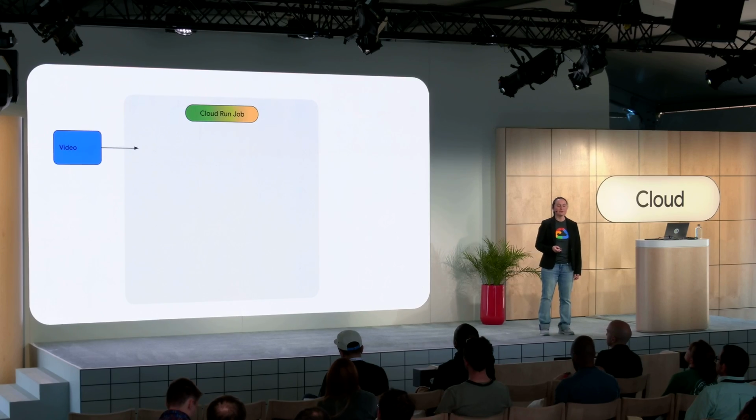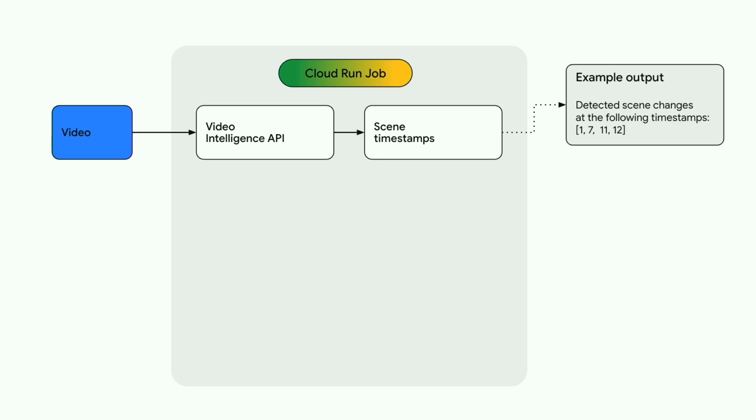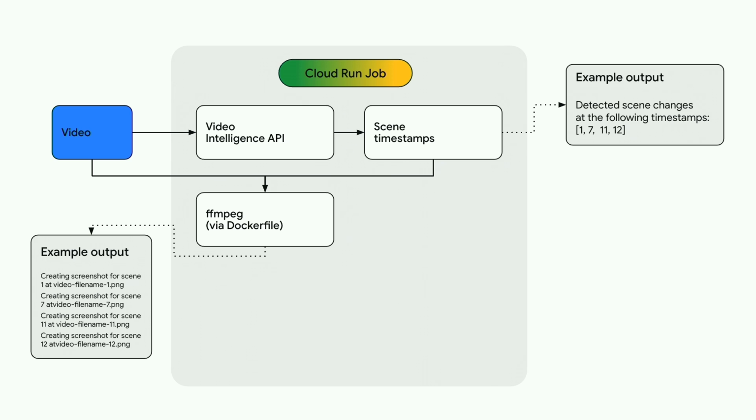So first, the video is sent to the Video Intelligence API to detect each scene change and generate a timestamp for the scene change, as shown here in this array of timestamps. Then FFmpeg is used to produce a screenshot for each timestamp, as shown here in these file names.